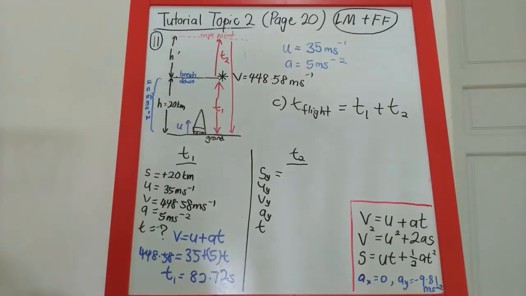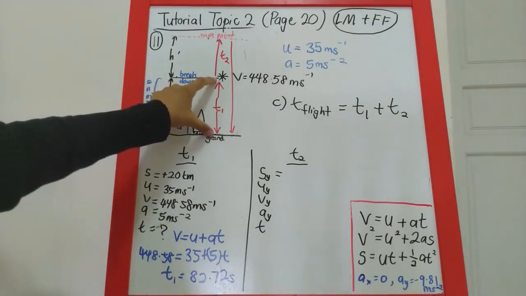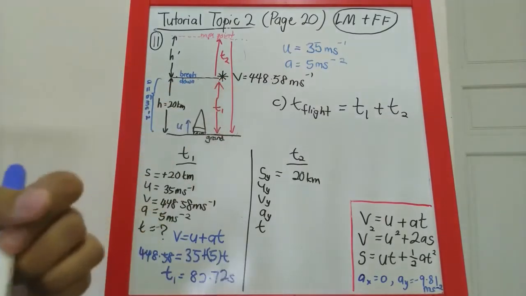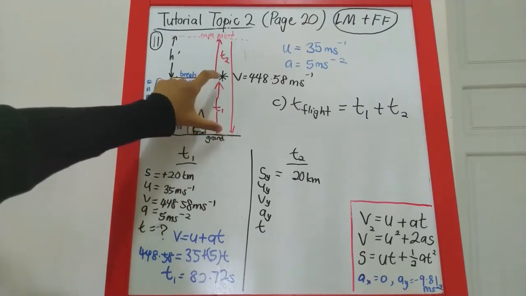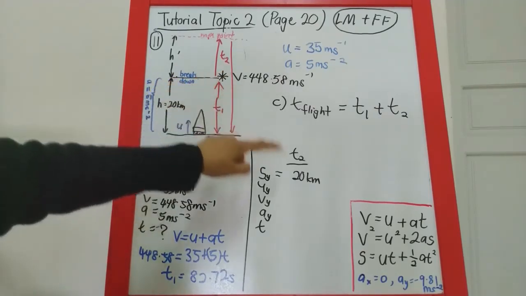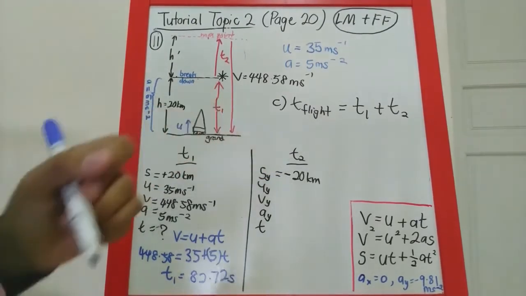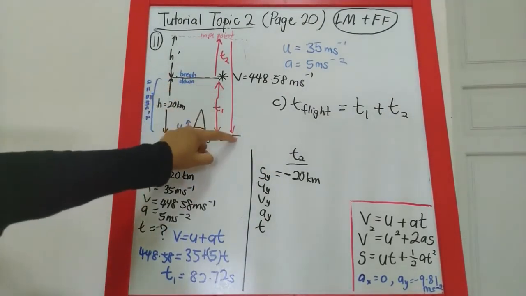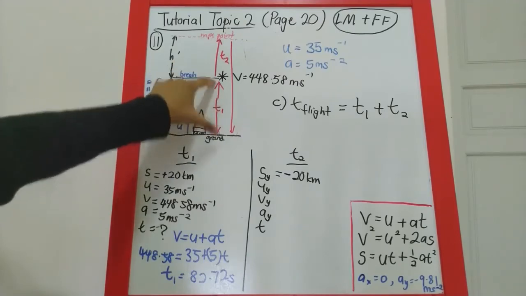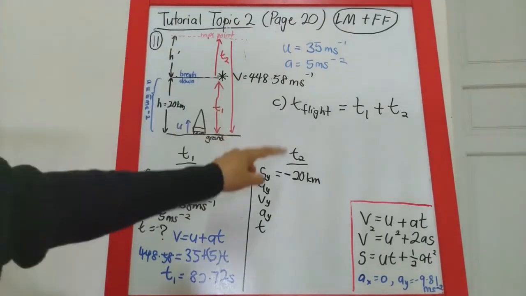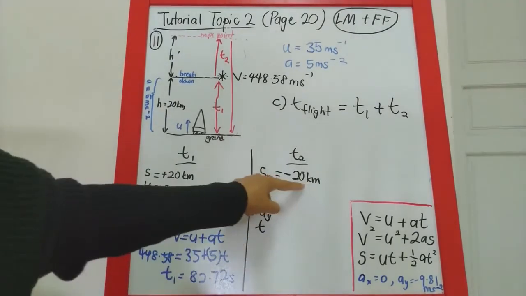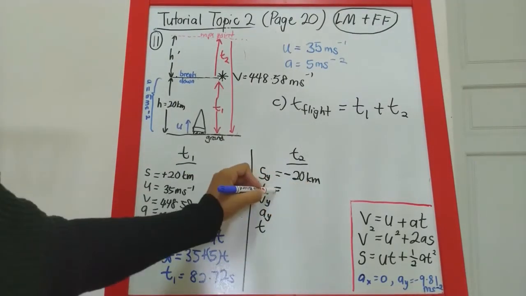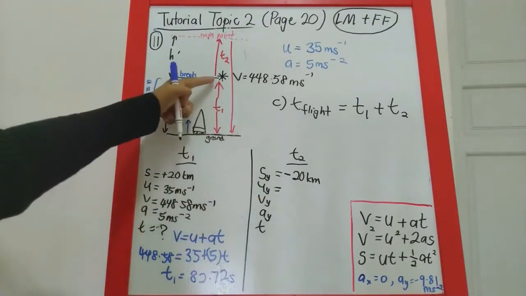Therefore, the value of SY is this part, 20 kilometer. Because initial is here, final is here, therefore the height is this part only. But the value is negative because the final position is below the initial position. You need to put the negative sign there. So be very careful regarding the value for SY. So UY, okay, initial point is here, therefore the value of the velocity is this one.